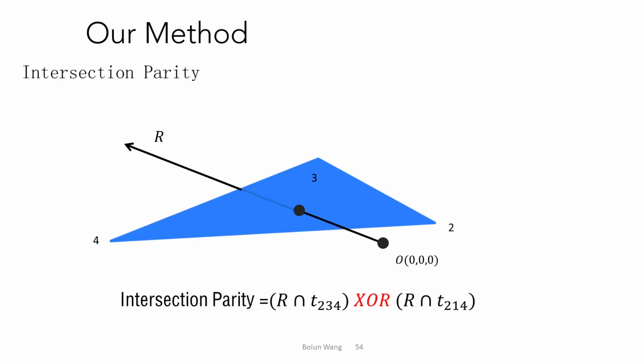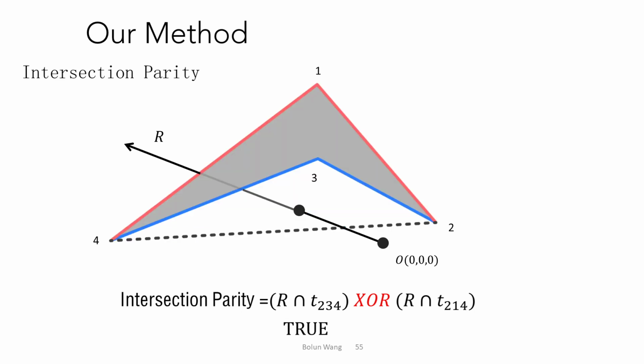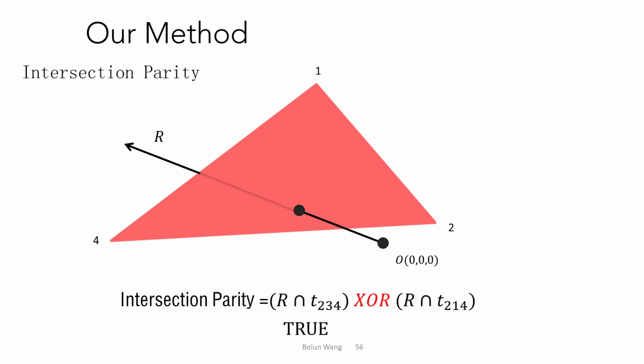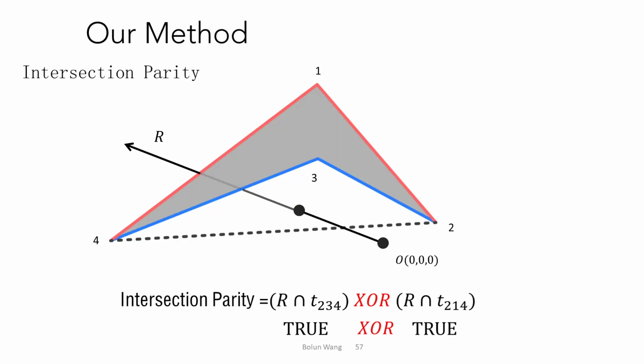For example, the ray intersects the blue triangle, and the ray intersects the red triangle. By using the XOR operator, we can know that the intersection parity is even.